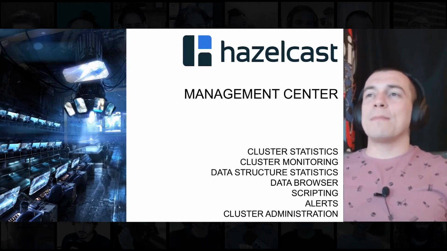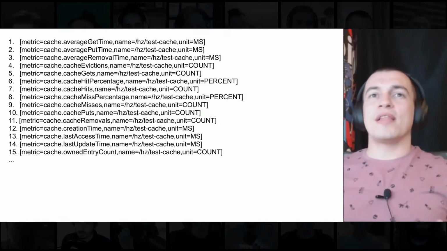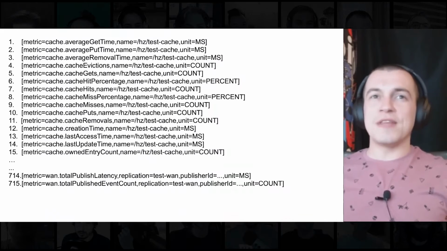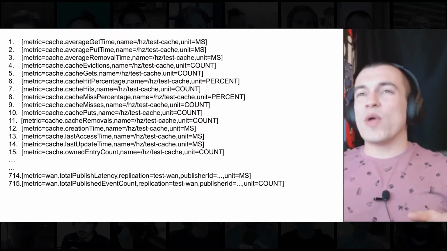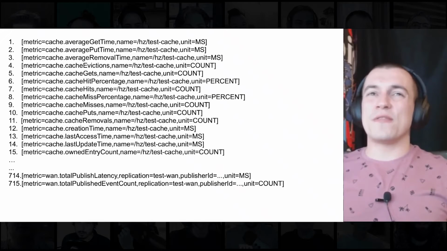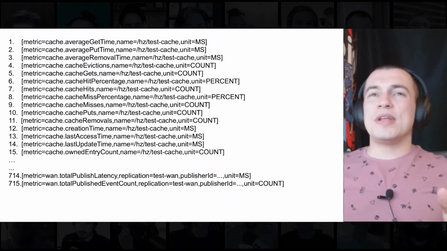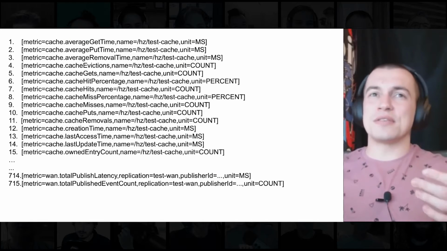For every member in that cluster, we collect lots of data. And when I say lots of data, I truly mean lots of data. For every member, we collect around 700 metrics, and we need to somehow visualize those metrics.